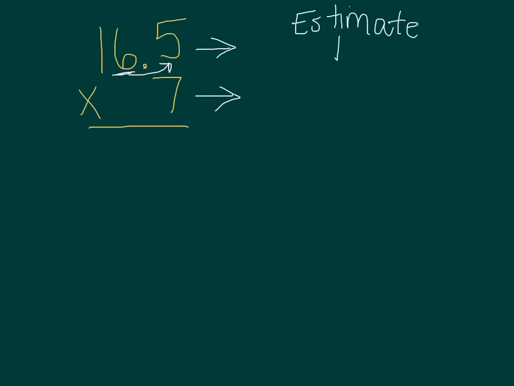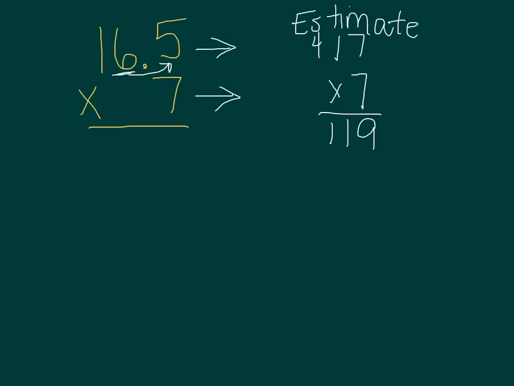So that would be 17, and since 7 is a single digit number, we would just leave that the same. So if we solved our estimate, we would get 119. So our answer will be around 119.